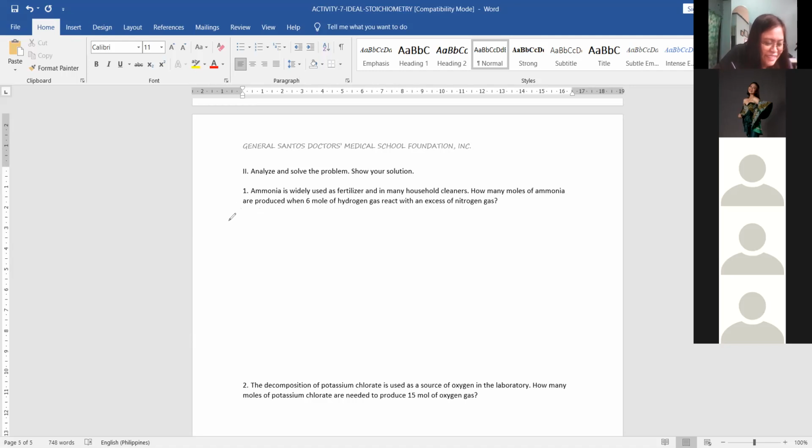So we have hydrogen gas reacting with the nitrogen gas.